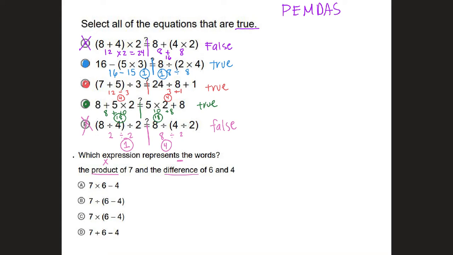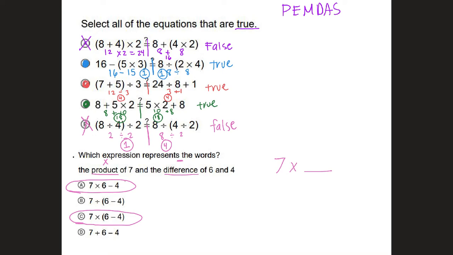So my only two options that have multiplication and subtraction are A and C. But the statement says the product of 7 and something else. So that means I'm going to have 7 times something else. Also, it says the difference of 6 and 4. So that means that somewhere in there, I have to find 6 minus 4.